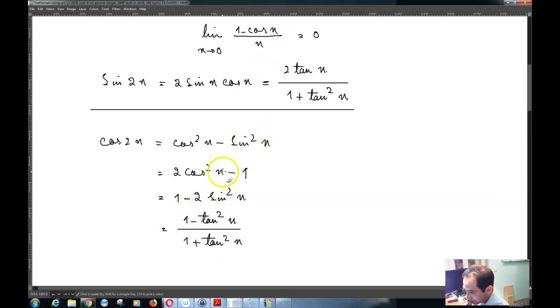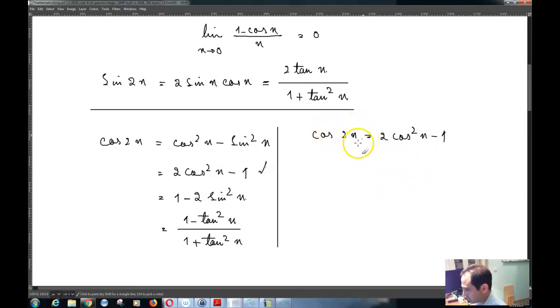Now, based on this part over here, you can say that cos of 2x is equal to 2 cos squared x minus 1.